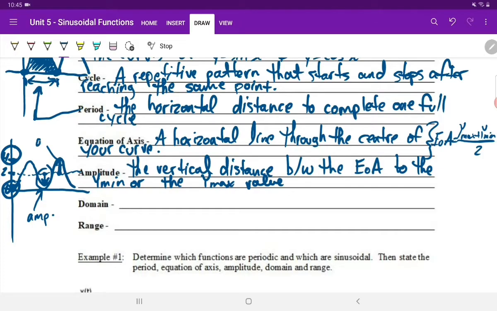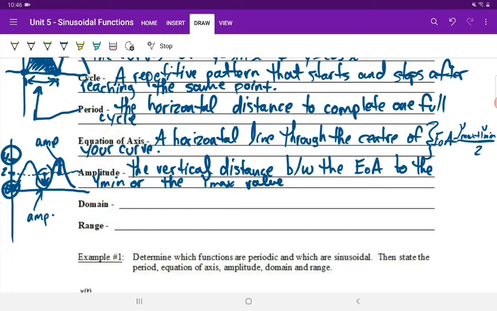This would also be your amplitude. What you need to know is that amplitude is a measurement, and it is always considered positive. Regardless of whether your calculation ends up with a negative value, you need to make it positive.